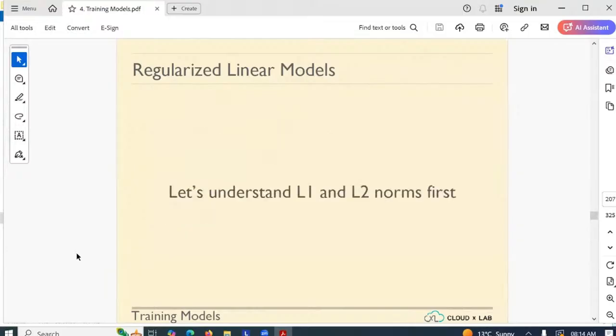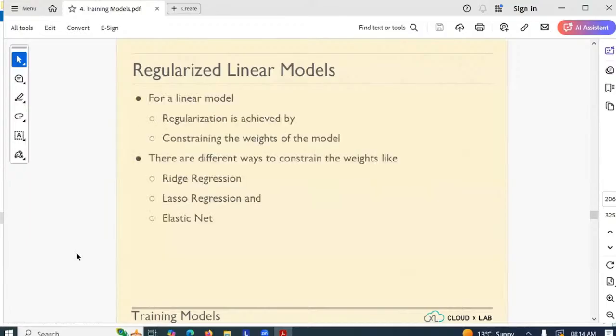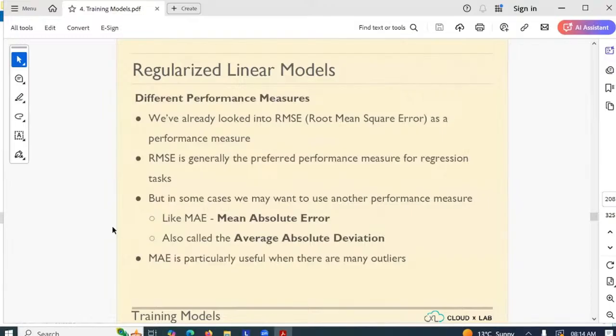So here, L1 and L2 norm I have already discussed in the previous session, right? In ridge and lasso, the only difference is whether we use the L1 norm or the L2 norm. L1 norm means we are taking absolute values.